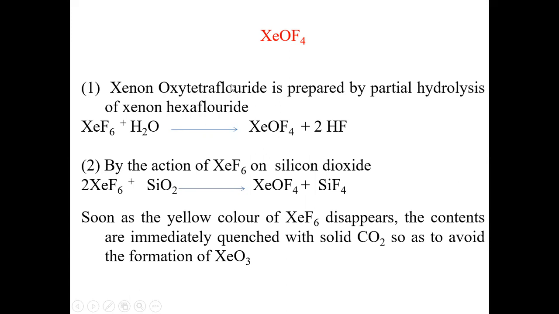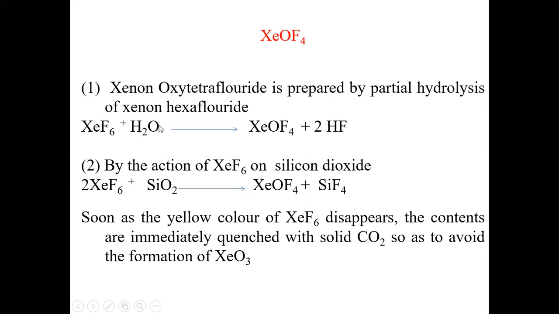Xenon oxytetrafluoride is prepared by partial hydrolysis of xenon hexafluoride. Here, on partial hydrolysis, it reacts with water, oxygen is incorporated, and two fluorines are eliminated.